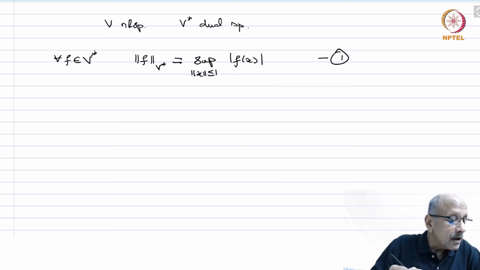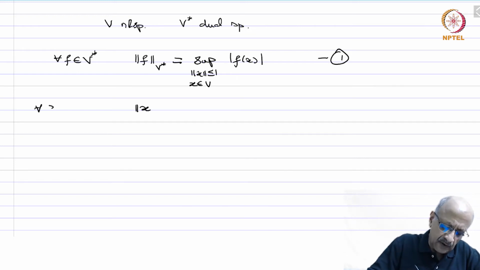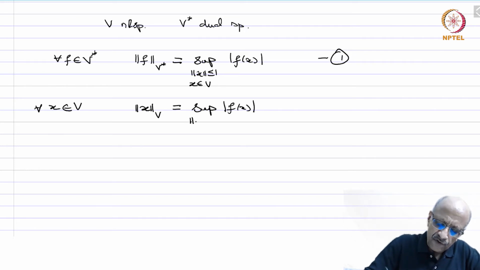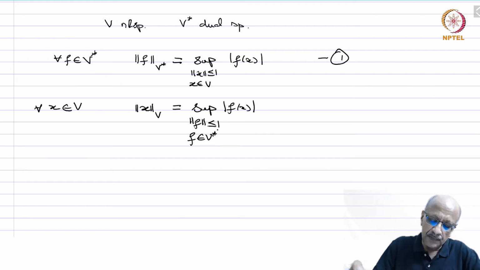And we have, so x is in V of course. We just saw in the last corollary of the Hahn-Banach theorem that for every x in V, the norm of x in V is equal to the sup over norm f less than or equal to 1 of mod f(x). So x is in V, and f is in V star, so I won't put the subscripts.